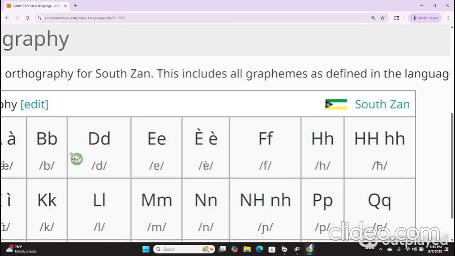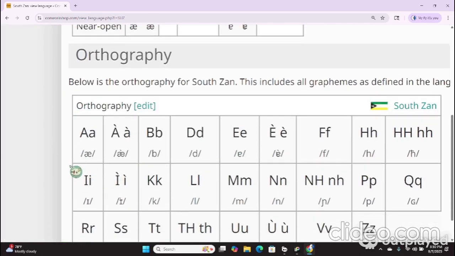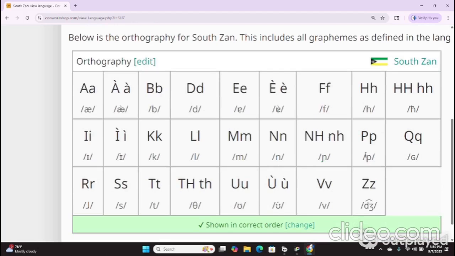We have the same low vowel tone. Our consonants are b, d, f, h, k, l, m, n, ñ, p, g, r, s, t, th, v, and j.